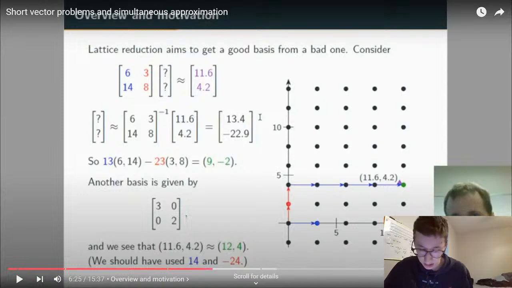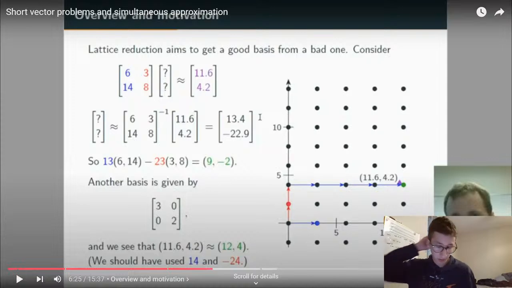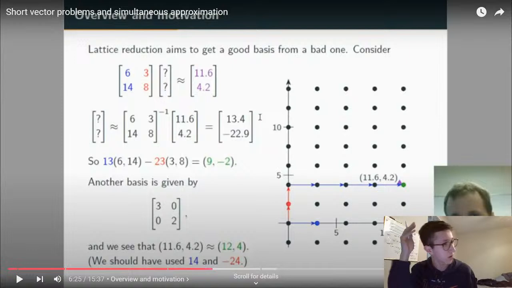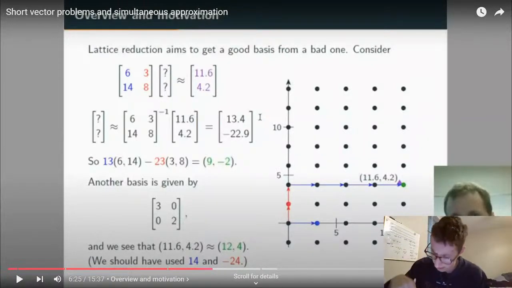When we looked at 11.6 and 4.2, we computed the inverse of the basis, multiplied them out, and got 13.4 and negative 22.9. The way we did it, we just rounded to the nearest. So 13.4 rounds to 13, and negative 22.9 rounds to negative 23. But as we just worked out, this is not the best answer.